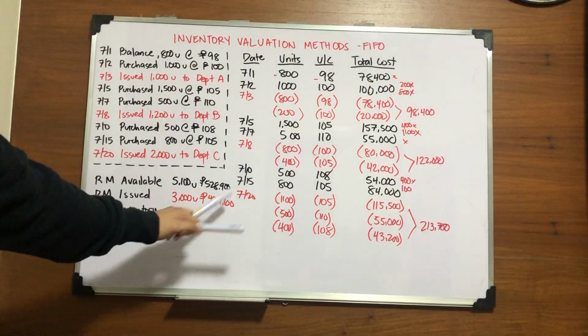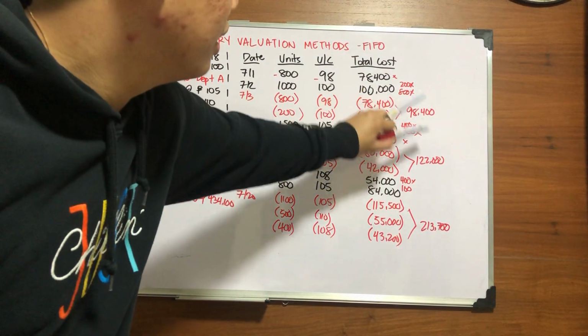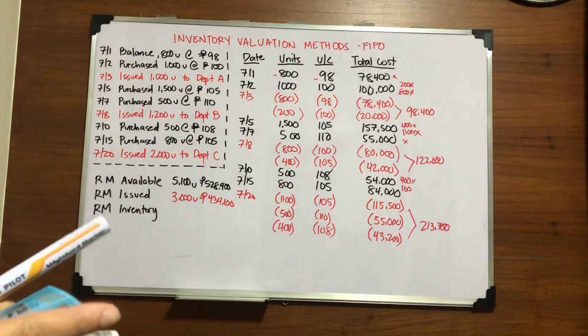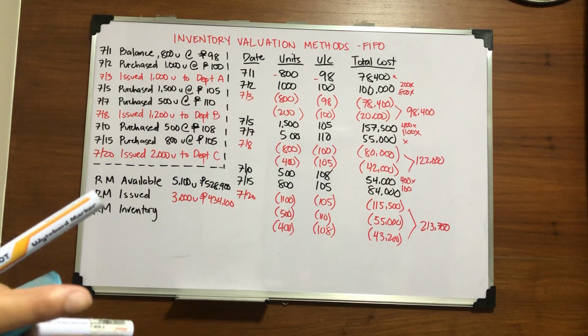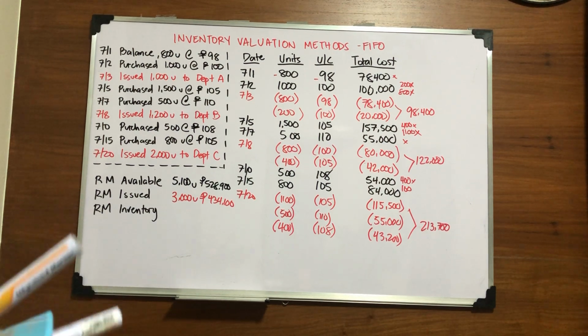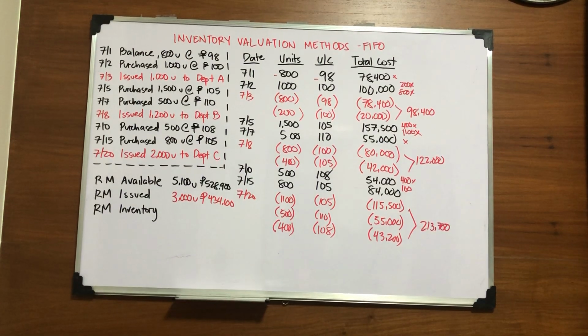To verify this, just add these three: 98,400 plus 122,000 plus 213,700. You just subtract your available with your issued, and you'll be getting your raw materials inventory ending.